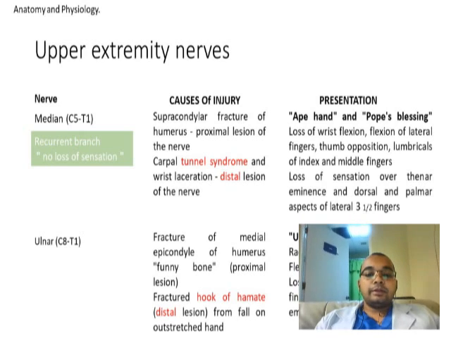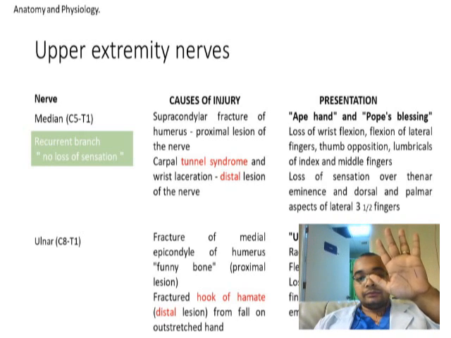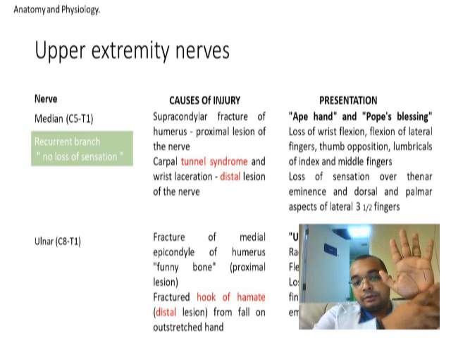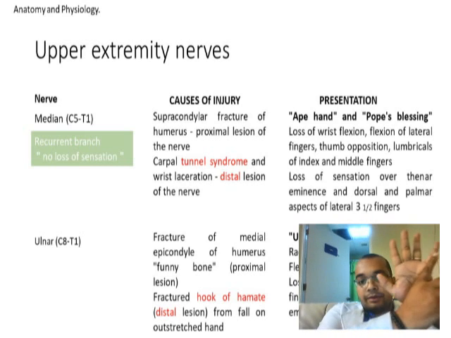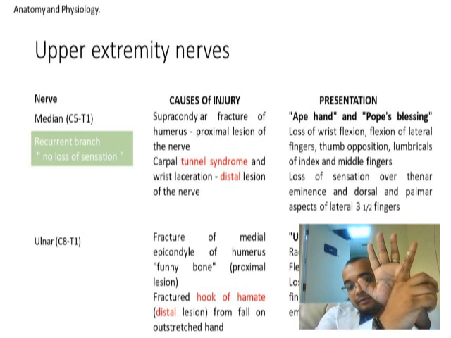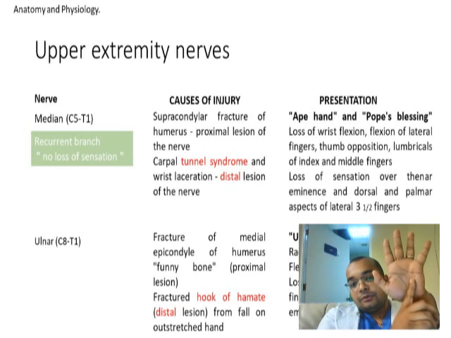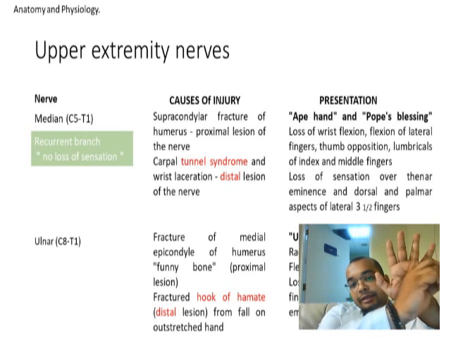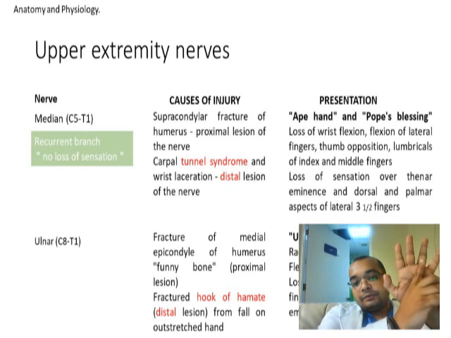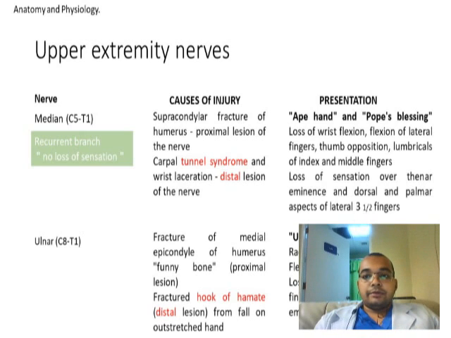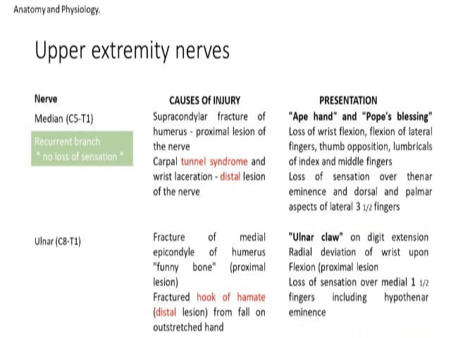So in the ulnar lesion, we have loss of sensation of the fifth finger, the little finger, and the medial half of the fourth finger. So we lose sensation over that area. This is also a very common question.